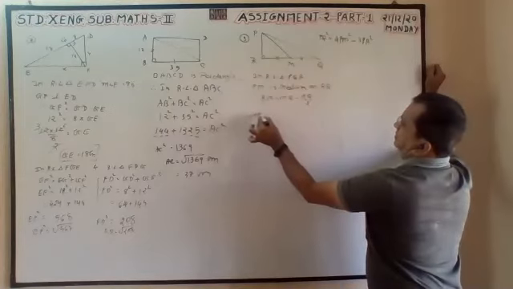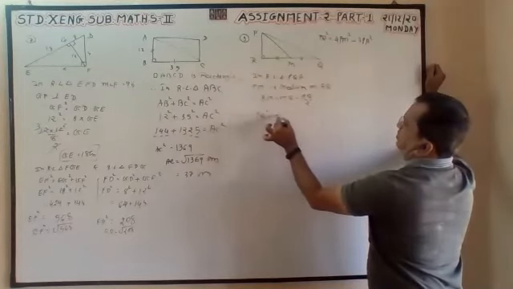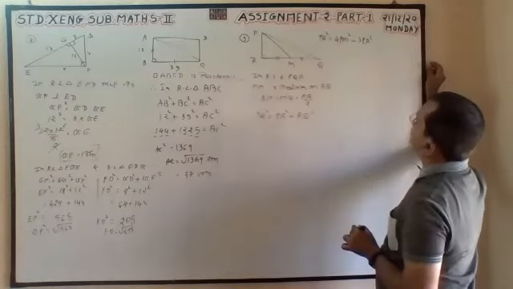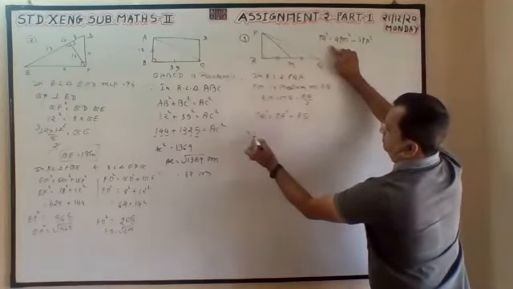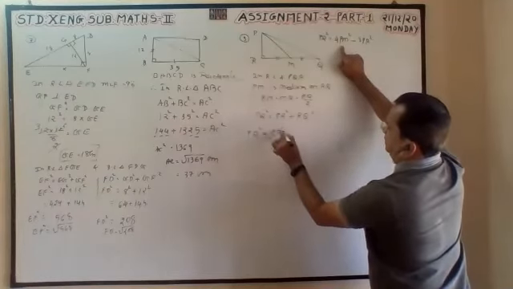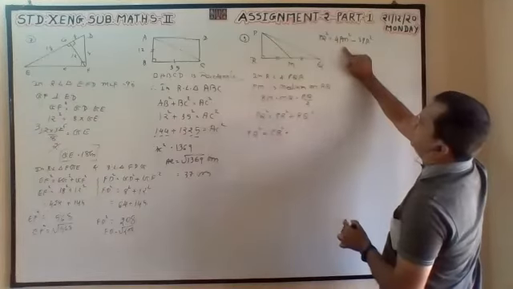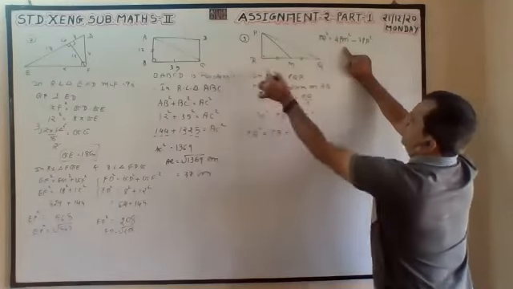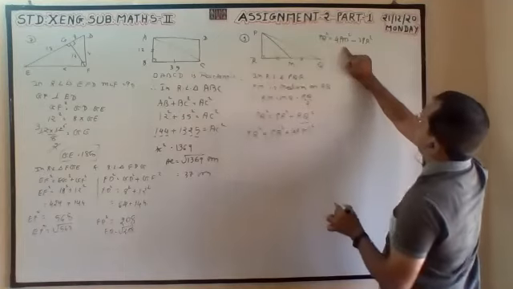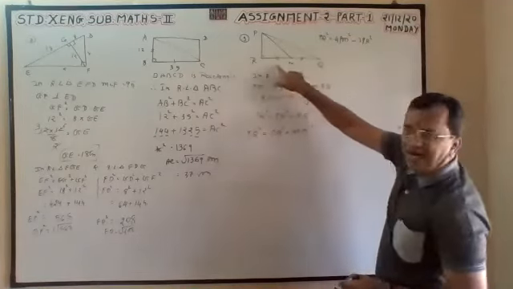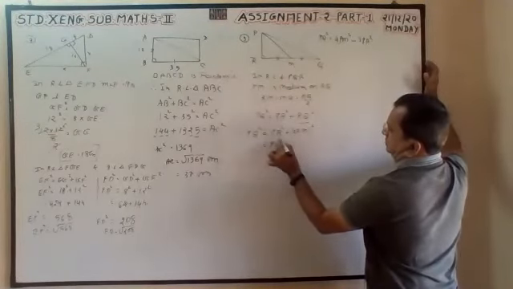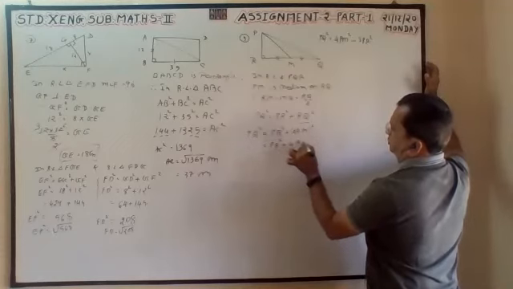By Pythagoras, PQ square is equal to PR square plus RQ square. PQ we want, so we will write same. PR also we want, so we will write same. RQ we don't want. So RQ we can write RM 2 times. RQ is equal to RM 2 times. So it is 4 RM square.